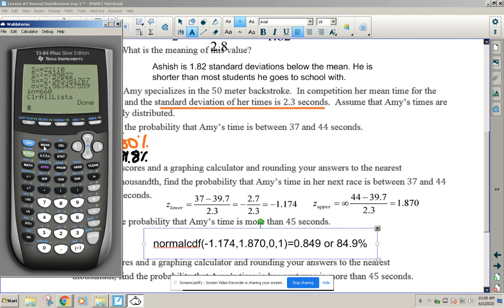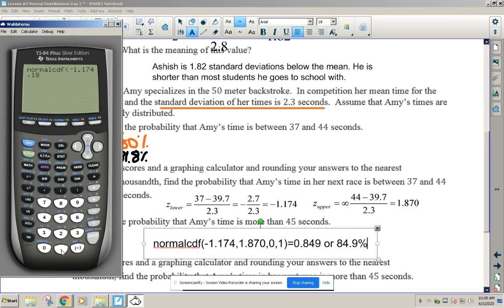Again, I have this old calculator, there's nothing I can do about it. If I do second variable distribution number 2, there's the normal CDF. And now I have to hit negative 1.174. I need the comma.